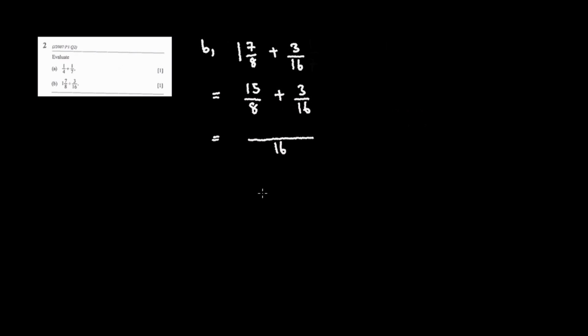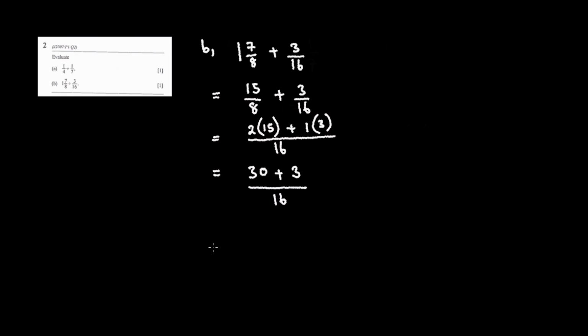Then we are going to say, what is 8 into 16? It's 2. That 2 is going to multiply 15, like that, plus 16 into 16, it's 1. That 1 is multiplying 3. We can write it like this. Now 2 times 15, that is 30, plus 3 times 1, that's 3 over 16.